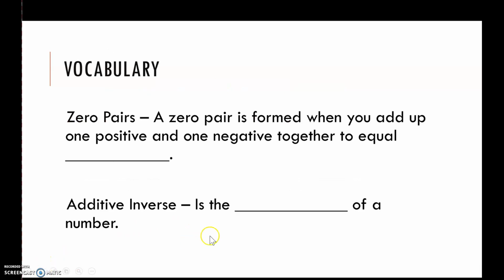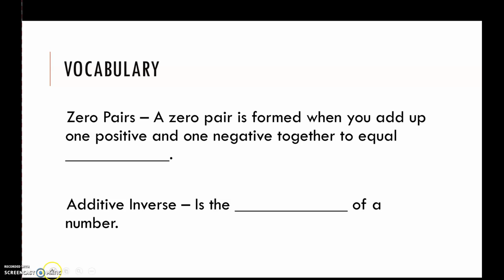Now we're going to do a couple of vocabulary words. They aren't necessarily on your paper, but just go ahead and listen. The first is zero pair. A zero pair is formed when you add a positive and a negative. Basically the positive and the negative cancel each other out to make 0.